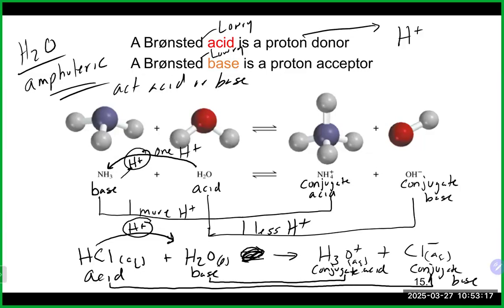Water is an example of that. Also, if you have anything with a hydrogen and a negative charge, that species has a hydrogen it could give away, which means it can act as an acid. It also has the ability to accept a hydrogen. So those things typically have a negative charge and a hydrogen, and a lot of times are also amphoteric, able to work both ways, acting as an acid or a base. Any questions on that there?